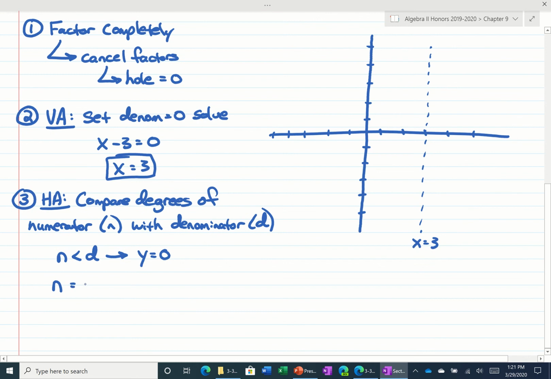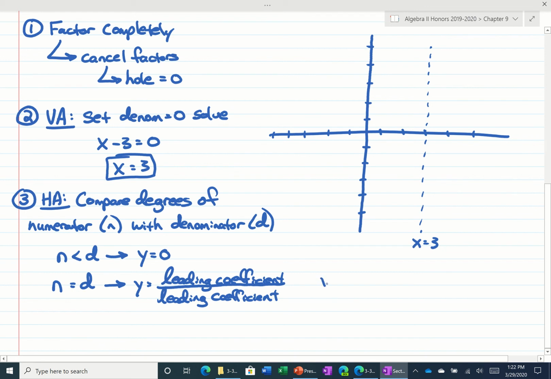If the top power, or the top degree, is equal to the bottom degree, y would equal the leading coefficient of the numerator divided by the leading coefficient of the denominator.